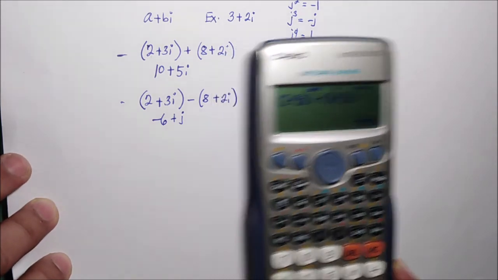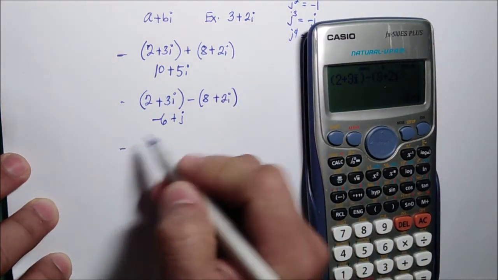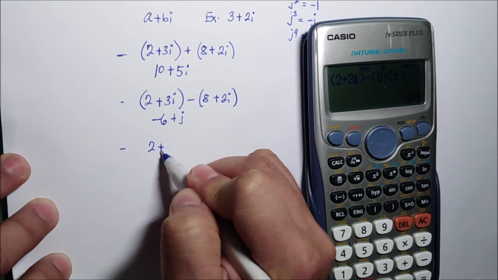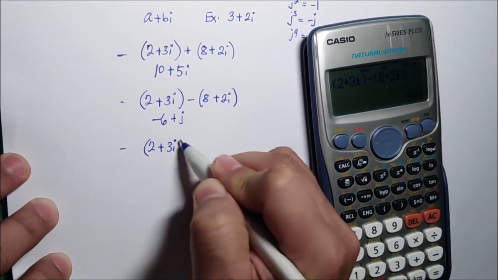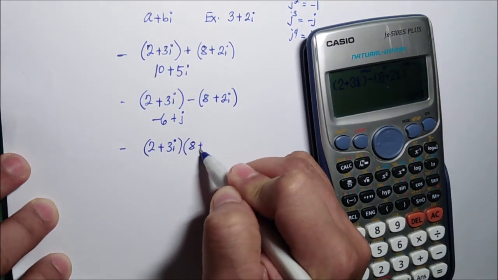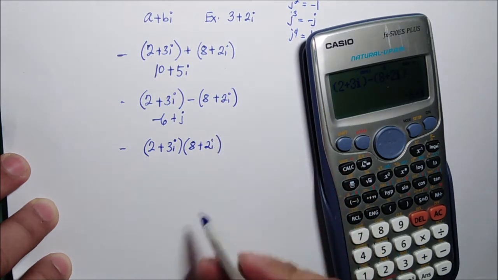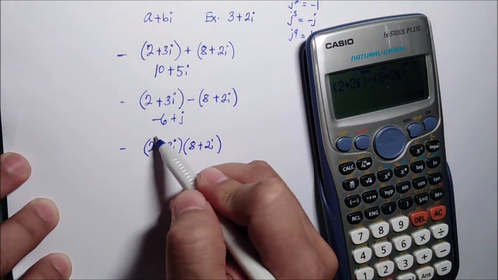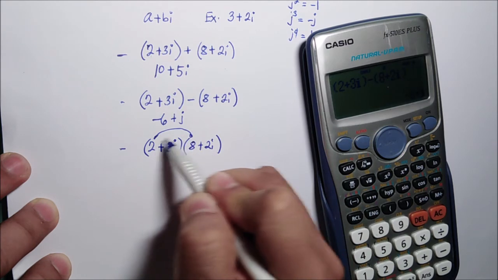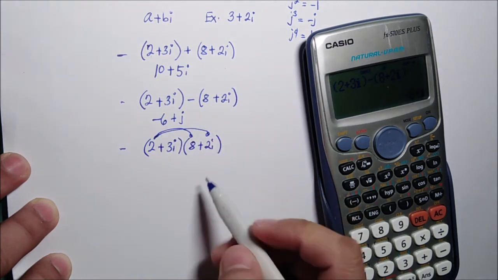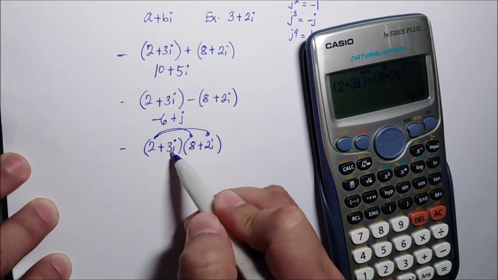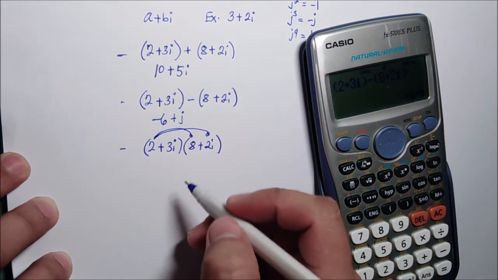Now if we will multiply 2 plus 3i by 8 plus 2i, we apply the distributive property: 2 times 8, then 2 times 2i, then 3i times 8, and then 3i times 2i.